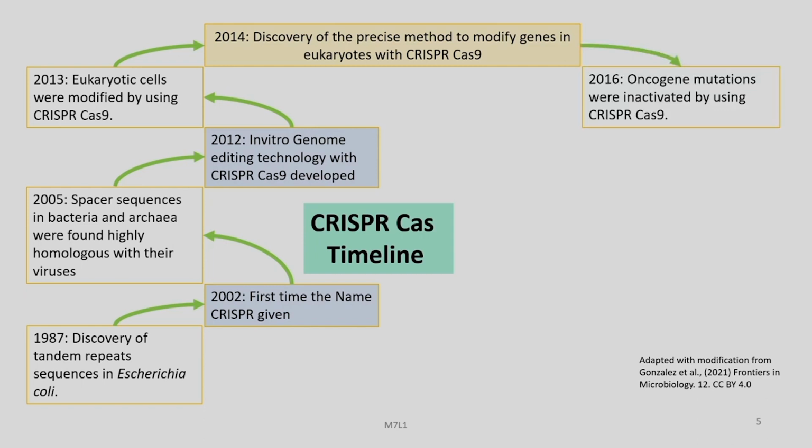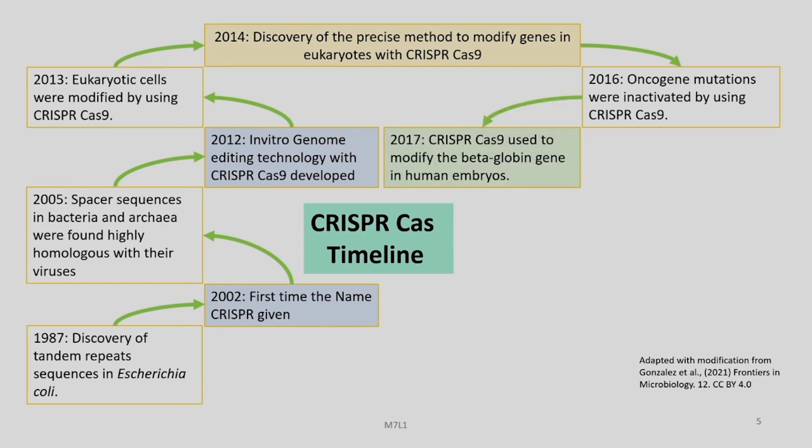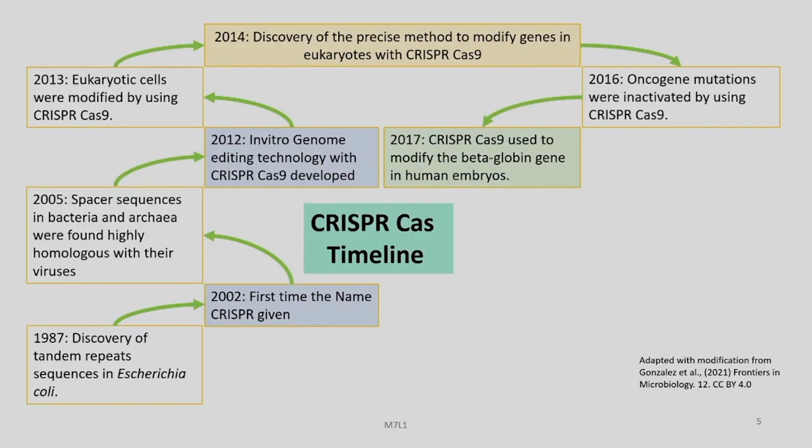In 2016, oncogene mutations were inactivated by using CRISPR-Cas9 technology, and in 2017 CRISPR-Cas9 was used to modify the beta globin gene in human embryos. In between these discoveries, there are many important discoveries which we are not discussing in detail. Kindly refer to the available literature if you are interested.